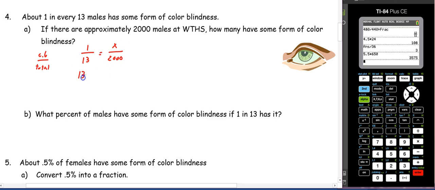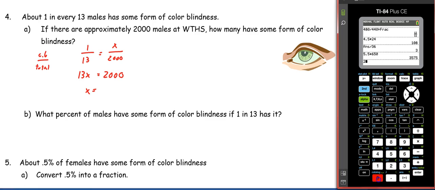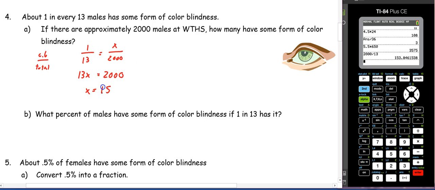So when we cross multiply, we get 13x equals 2,000, and we divide by 13. So 2,000 divided by 13 gets us 153.8. Remember, we can't have rounded people, so we're going to just say about 153 boys.